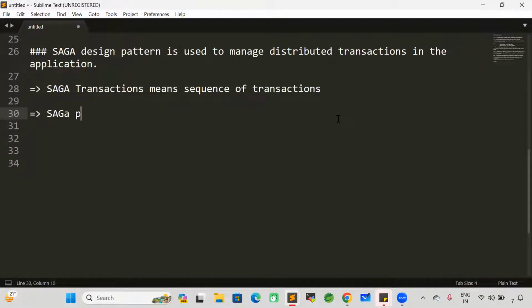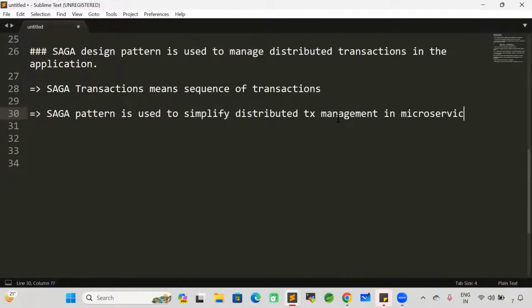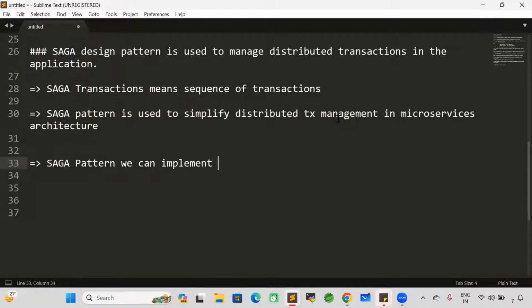Okay, SAGA pattern is divided into two types. SAGA pattern we can implement in two ways.